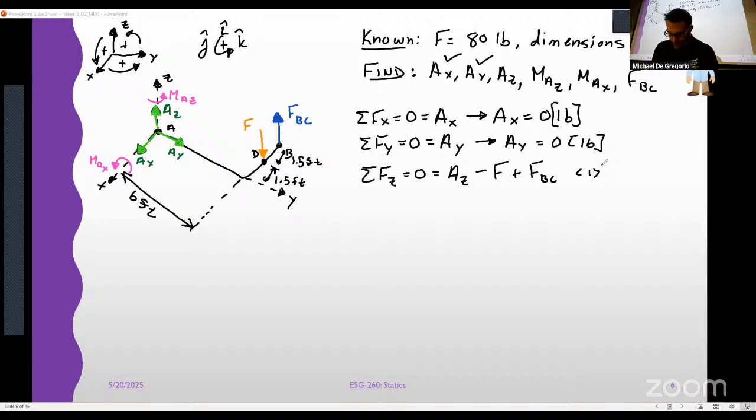X. All right, start with X. Sum the moments about the x-axis. Where do you guys want to take the moment about? A? Let's say A. Why would you choose A?